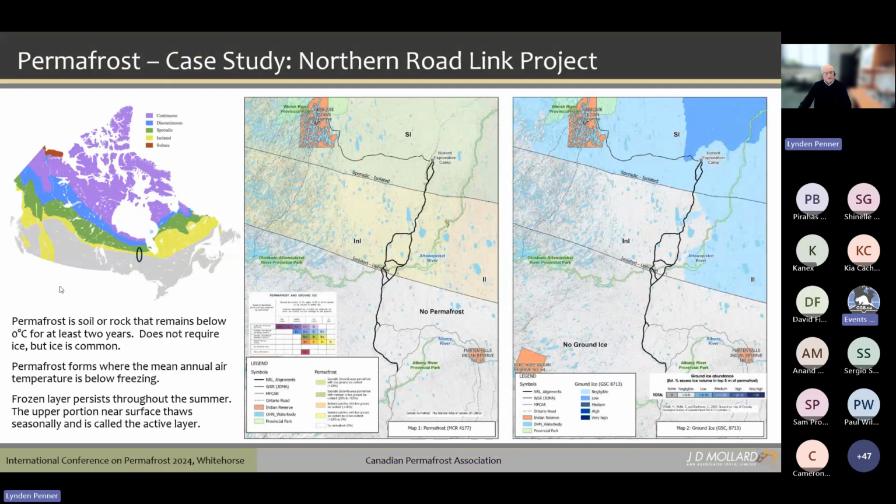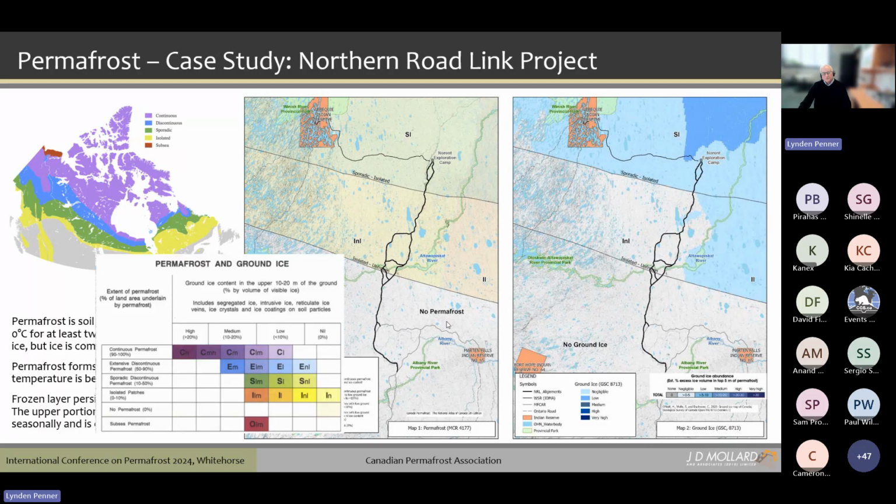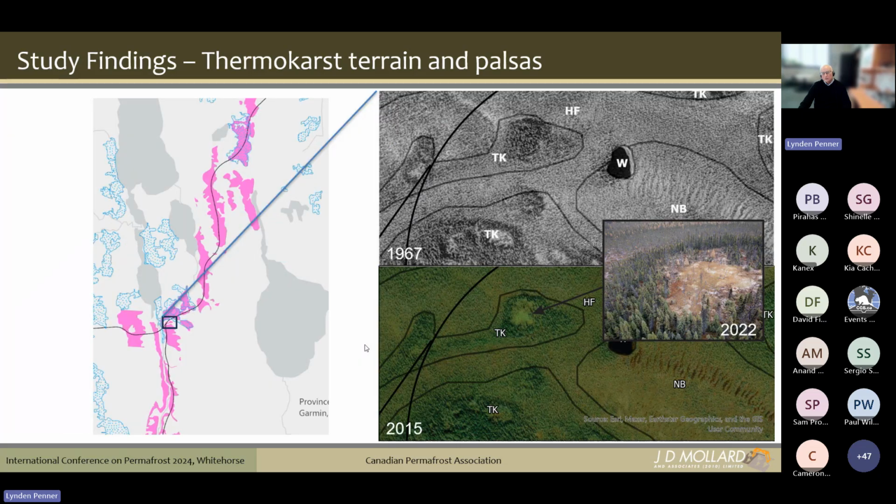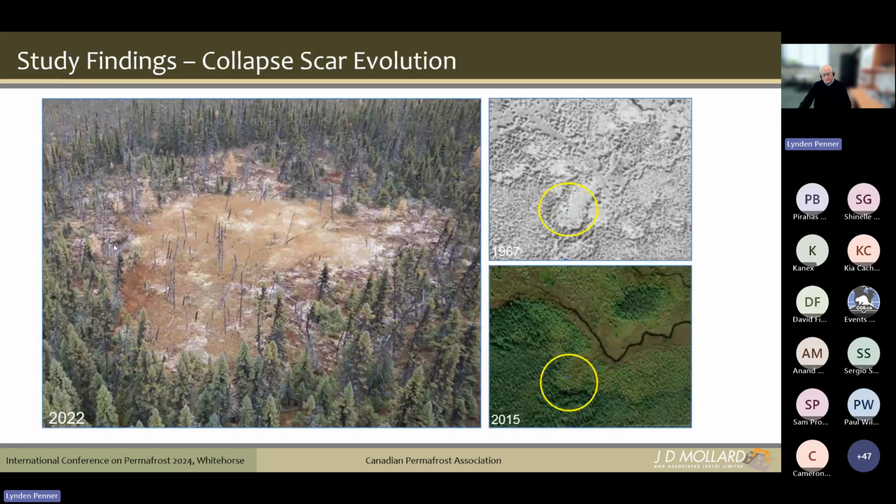So this is an area in Northern Ontario where our project runs from the non-permafrost area through the isolated into the sporadic. And so we're interested in whether, and to what extent, there still might be permafrost remaining in these areas. And so we mapped these, I mentioned this collapse scar.